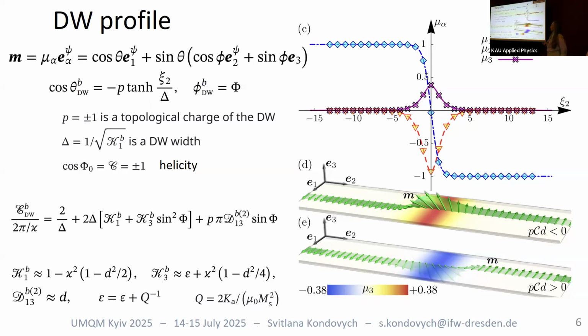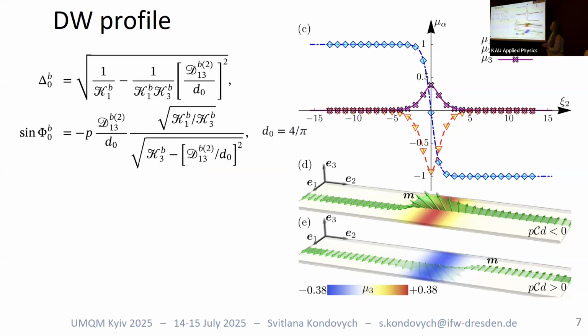In this particular system, we estimated that dipole-dipole interactions do not add much. They just show up as a shift of anisotropy in the system, which we take into account by renormalizing the anisotropy ratio epsilon.